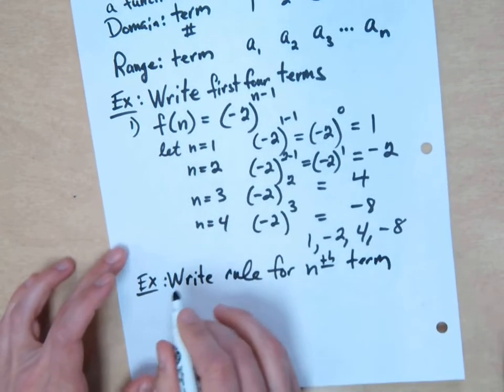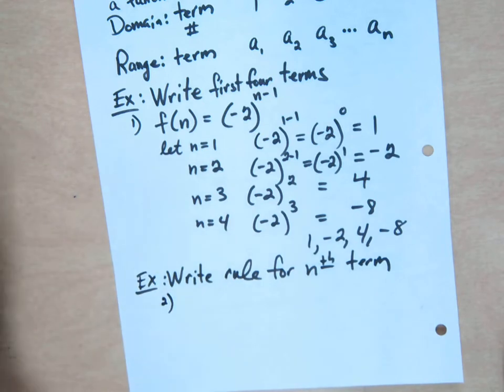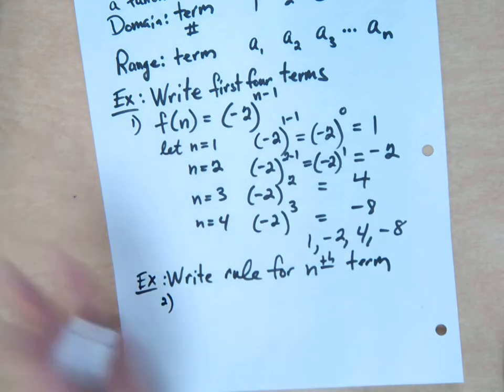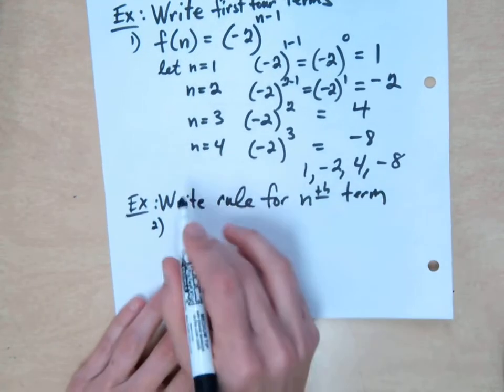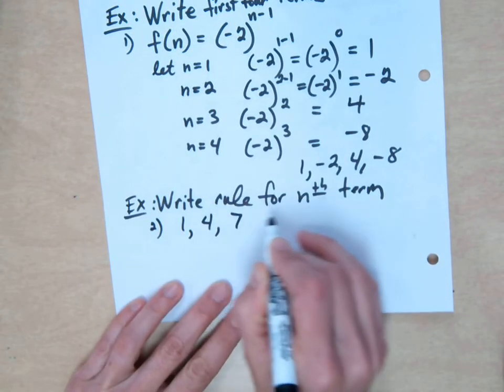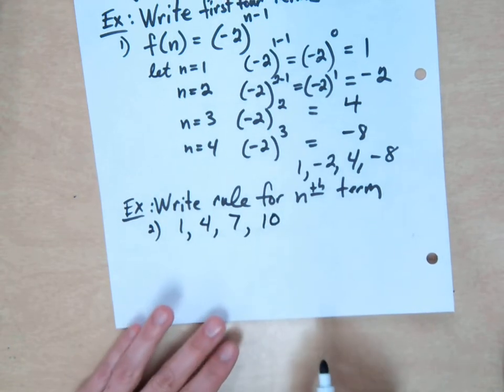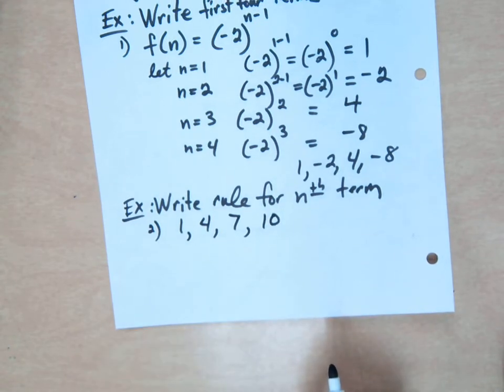So let's take example number 2. Let's try to start out simple here. Let's say I have 1, 4, 7, 10. Tell me what kind of sequence it is.